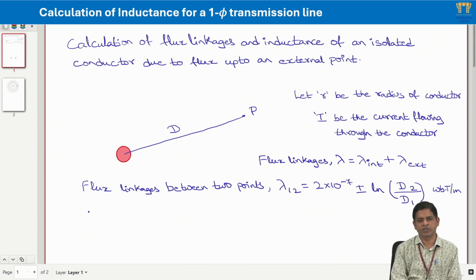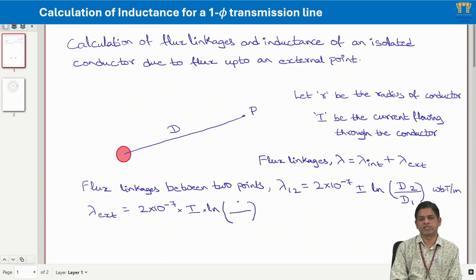Now for our case, lambda external can be similarly expressed as 2 into 10 power minus 7 into the current which is flowing through the conductor, which is I, into log of, now d2 was the distance from the center of the conductor to the farthest point.